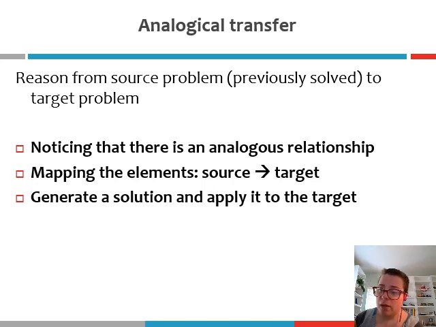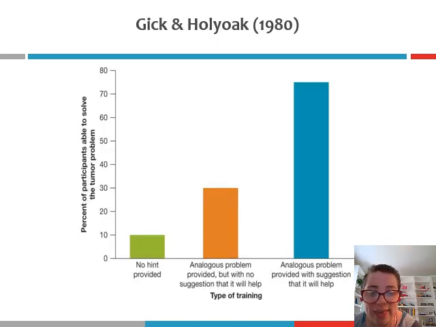Okay. So let's go ahead and look now at the data obtained by Gick and Holyoak, just to review. Again, when no hint was provided, when they were given the radiation problem by itself, less than 10% of participants solved it.